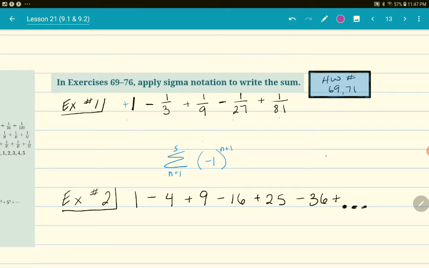If I actually start with n equals 0 instead of 1, then I have each one of these, I'm multiplying the numerator by 3 and multiplying by 1/3 each time. So each one of these is a power of 3.